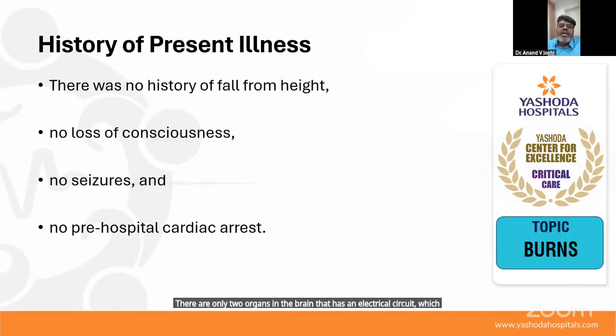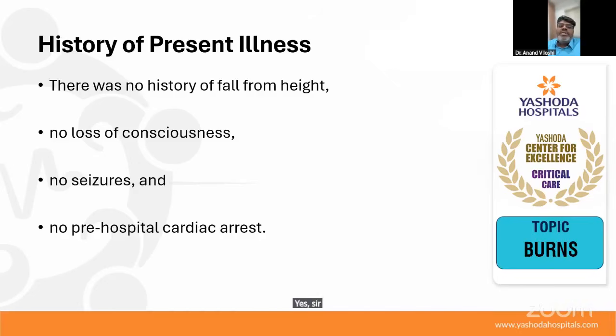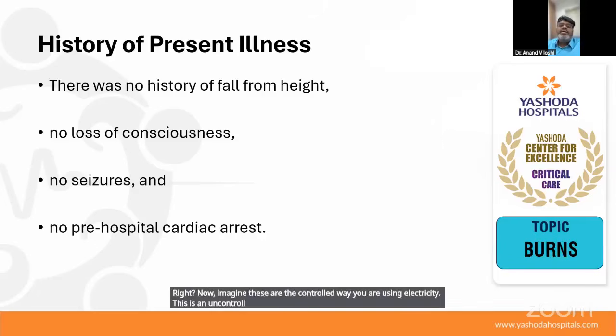And both of them you use as a therapeutic, a high voltage thing to stop those electric currents, right? One you do a DC cardioversion, and in the brain you do electroconvulsive therapy, right? Yes. Now imagine these are the controlled ways you are using electricity. This is an uncontrolled way the electricity has entered into your body. Yes, sir.